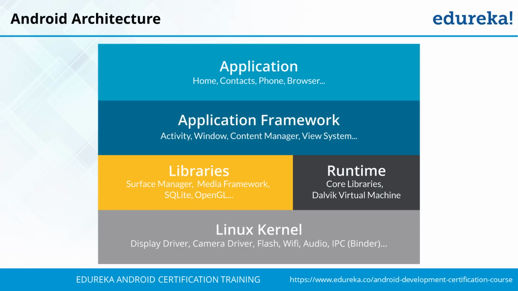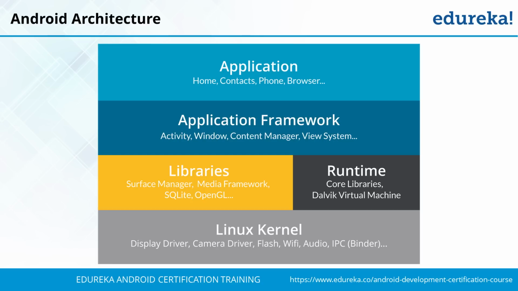The lowest layer is the kernel layer, which is basically a hardware layer. It's a layer which is going to interact with the hardware, right? So here we have drivers, for example, display driver, camera driver, flash driver, and IPC binder, right? This guy is going to manage the power. So guys, let's say the phone's battery is low, this kernel layer is gonna detect that status, right?